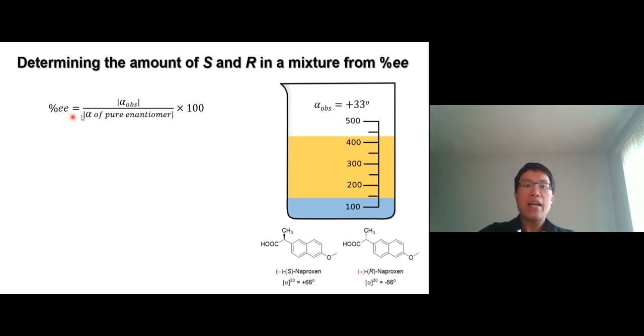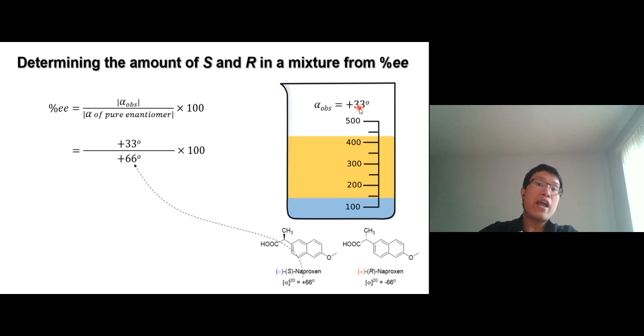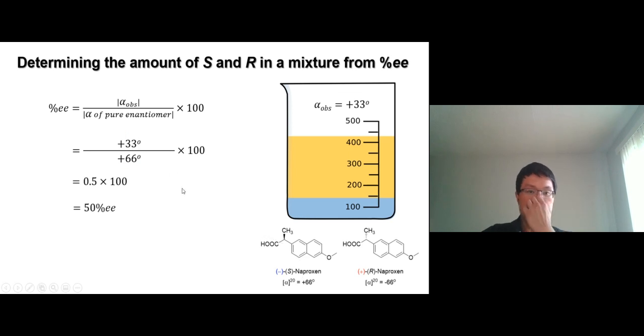Percent EE equals the observed rotation, plugged in right here, over the specific rotation of the pure enantiomer, plus 66, times 100. I'm not going to take negative 66 because this number is closer to S, which means there's more S than R, so we use the plus 66 for the S isomer. Do the calculation: it's 0.5, times 100, 50% exactly.